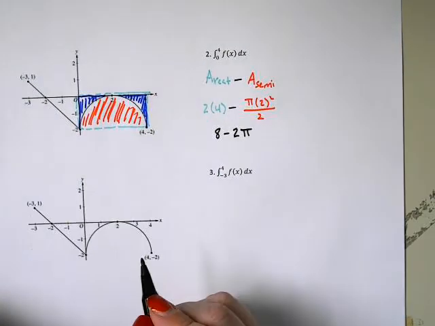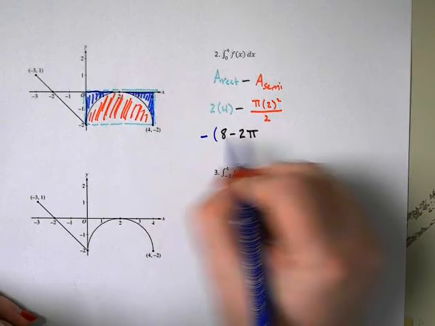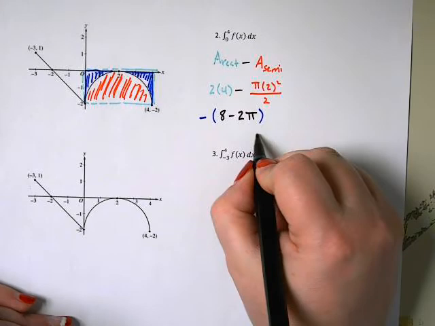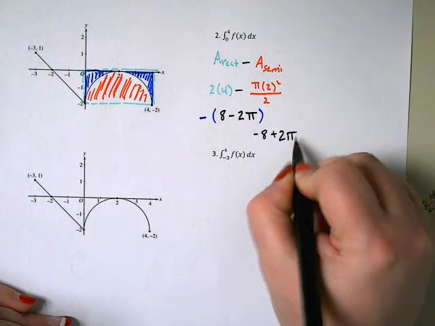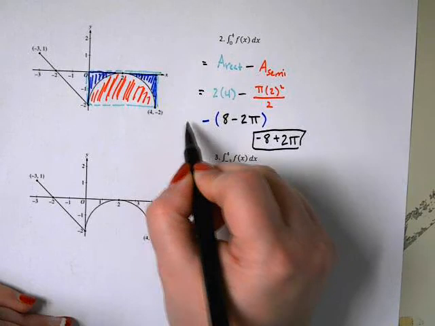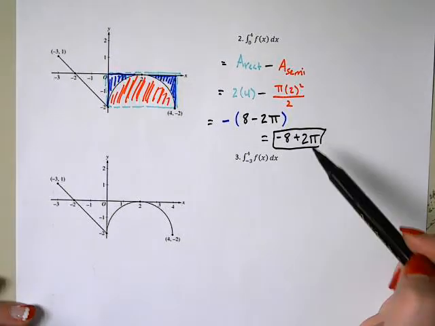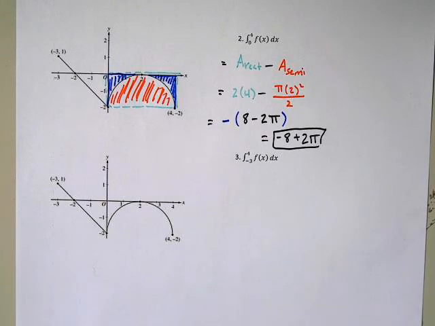And then what we have to remember is because it's negative, I'm going to stick a negative sign in front of this and distribute it through. So this area would be negative 8 plus 2 pi. There we go. That's our area there. Because the whole thing is negative, we can just make it negative at the end and distribute it through like that.